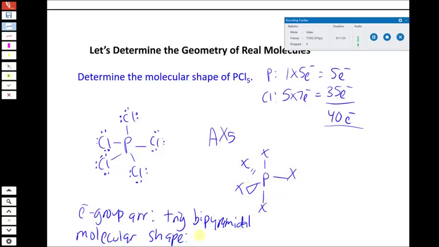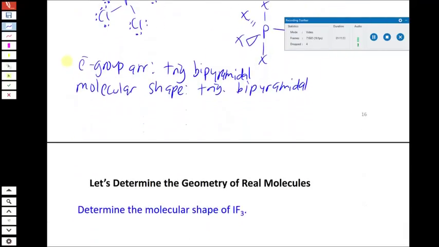So again, if you don't have any lone pairs on your central atom, the electron group arrangement and the molecular shape are the same. Okay, questions on that one, on that process? Any step? All right, we can probably do at least a couple more to close out.